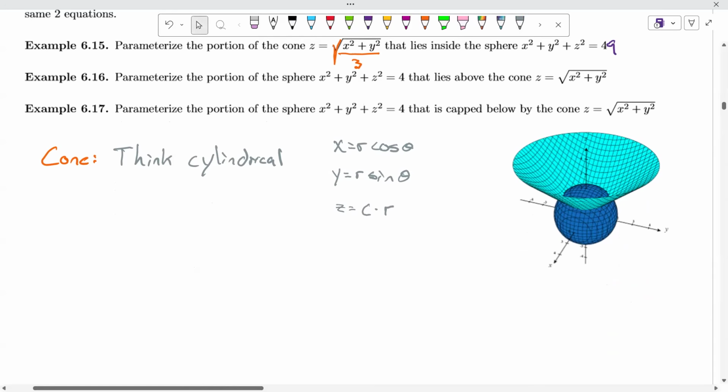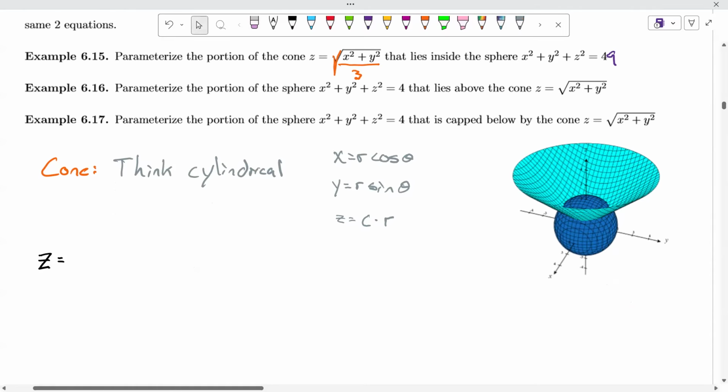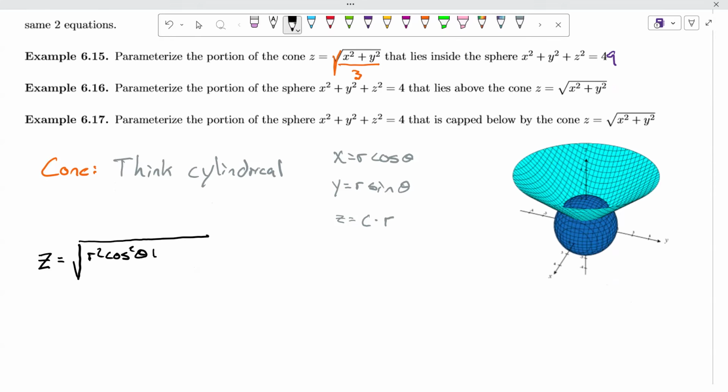If I'm going to use x is r cosine theta and y is r sine theta to get z, z, which I know from the equation that I was given, is going to be the square root of x squared plus y squared over root 3. So r squared cosine squared theta plus r squared sine squared theta, all over 3.